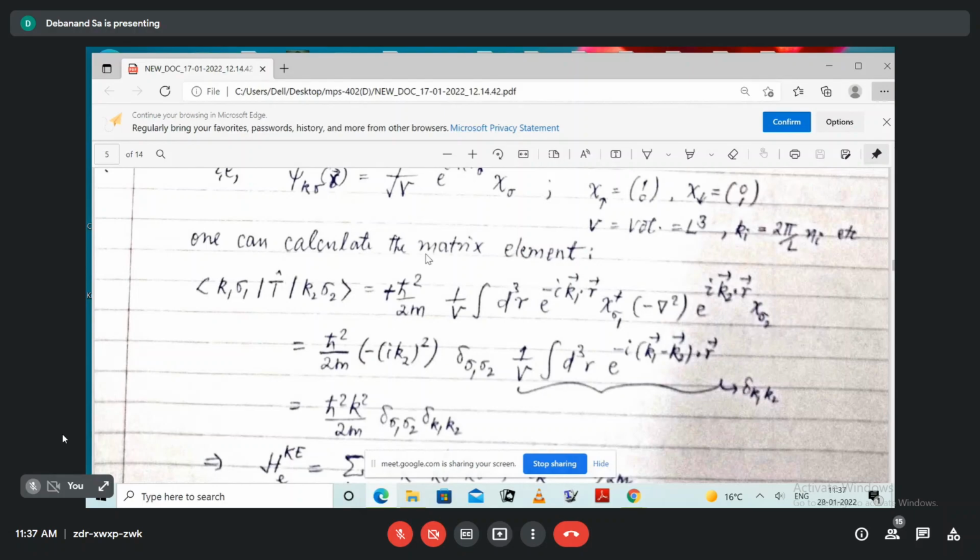And the kinetic energy operator is minus h cross square del square by 2m. So h cross square by 2m I can pull out, 1 by V integral dr, the spin wave function because of the dagger, and then minus del square of this operates on the basis states, and it is going to pull out a factor of k2 square.